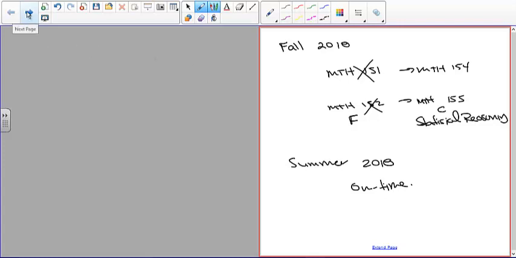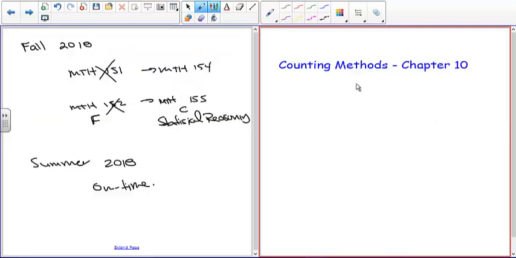So we're starting chapter 10, and I want to give you an idea of where we're going with all this. Chapter 10 is called Counting Methods. It's a way of looking at the number of different ways certain items can be arranged.